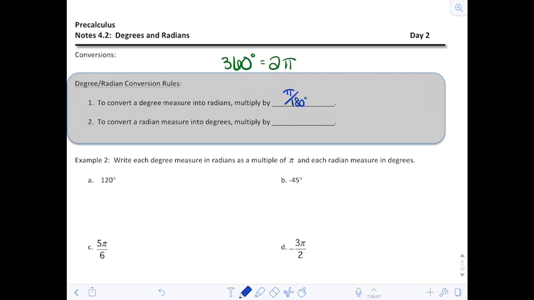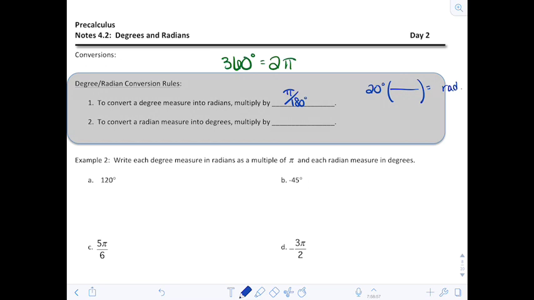So for example, if I have a 20-degree angle and I want to convert this to radians, I'm going to multiply by a unit conversion, or a unit factor, where the amount is the same in the top and the bottom, but in different units.